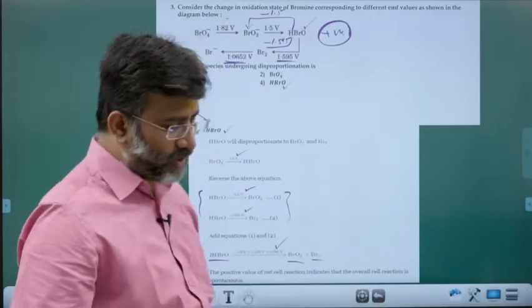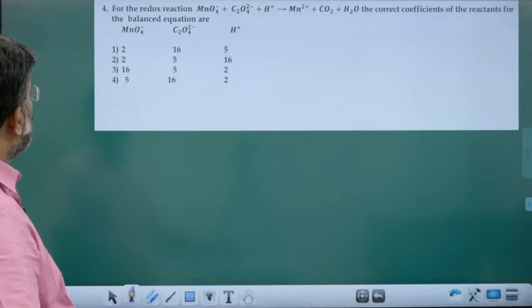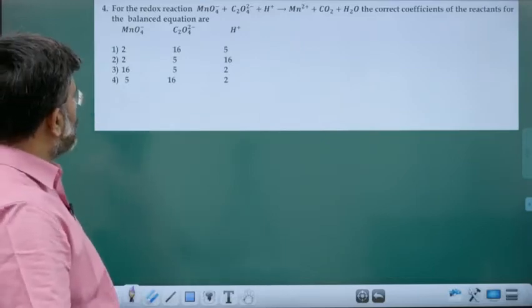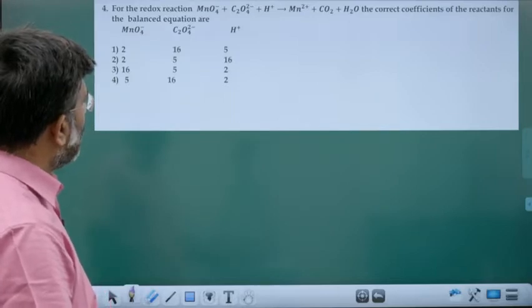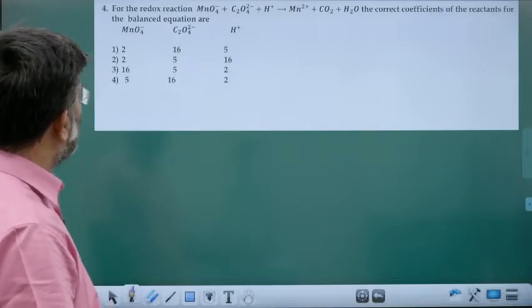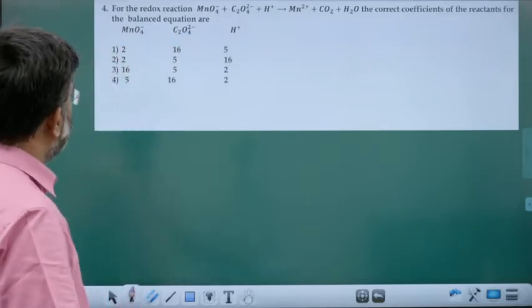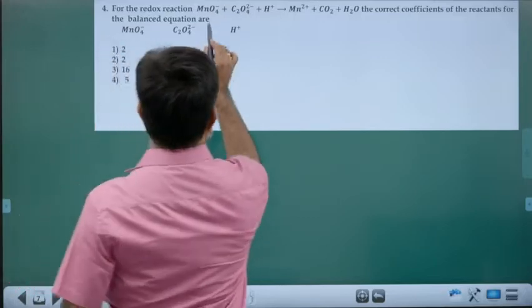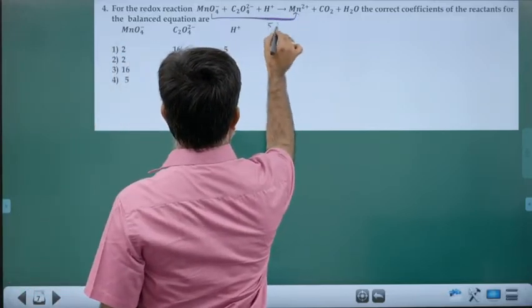Okay. Next one. For the redox reaction, permanganate with oxalate in acid medium giving Mn2+, carbon dioxide and water, find the correct coefficients. You know, permanganate converted to Mn2+, N factor is 5.